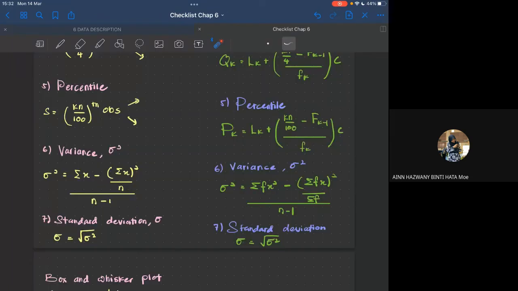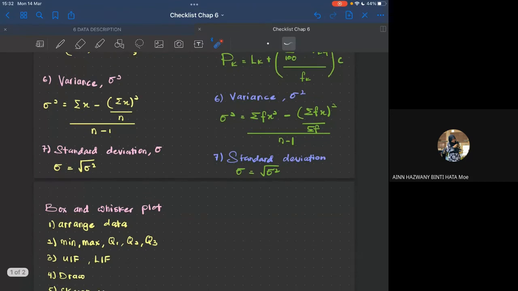Okay. So here. Sama juga untuk ungroup data kita ada variance dengan standard deviation. Sama untuk group data kita ada variance dengan standard deviation. The formula is almost the same. The difference is just untuk ungroup data kita ada summation of x square sahaja, sebab data kita hanya satu-satu je.